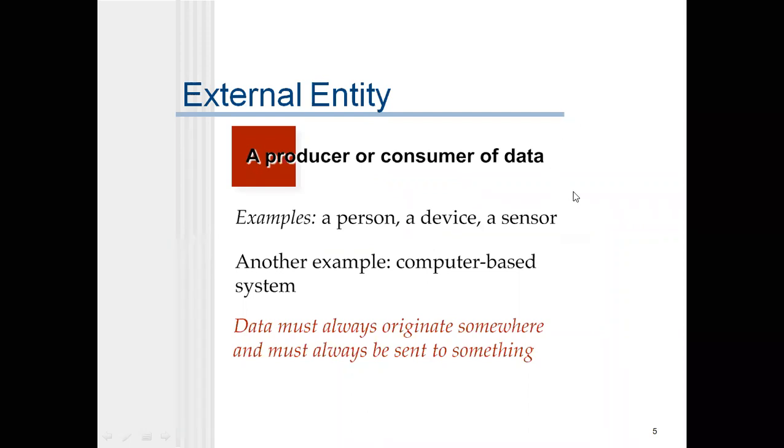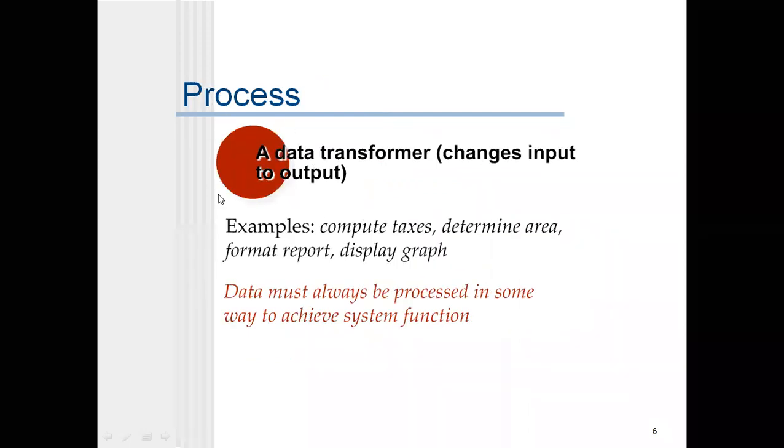And the next symbol is the circle symbol. It is always a data transformer, which changes input to output. Whatever formulas we are going to implement, that is called a process here. So process means it will take the inputs and turn that input into an output by applying some formula on those attributes.